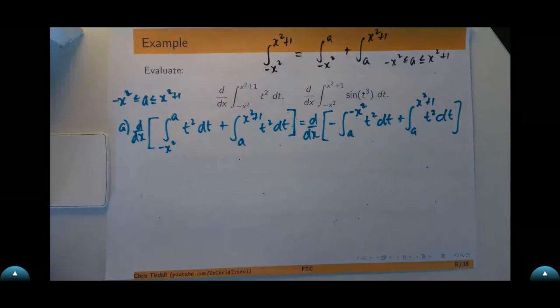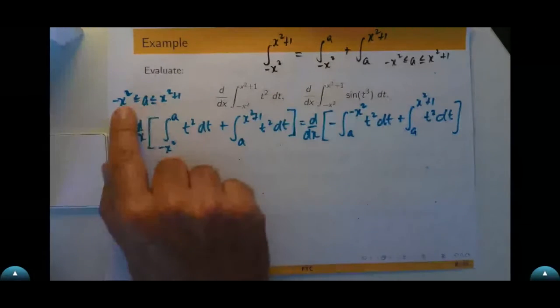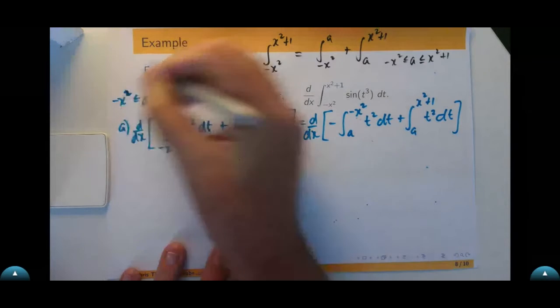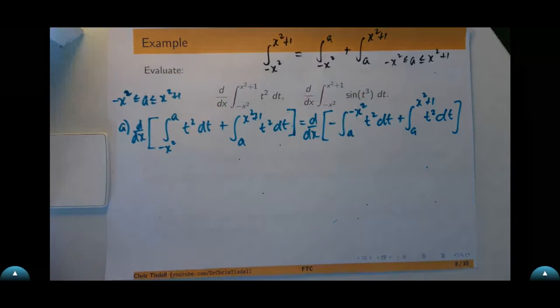Yes, Carl, you could make a equals 0, but it works for any a between here and here, right? Yes, you could. Okay.